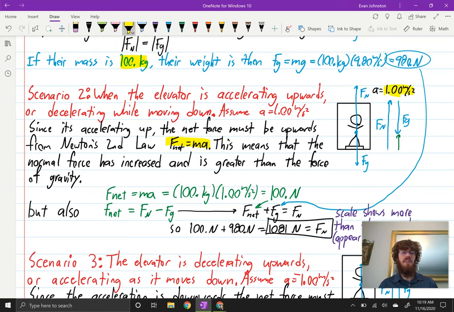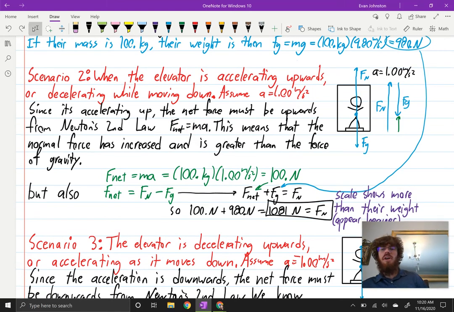So we can figure out what the net force is. If the acceleration is 1 meter per second squared and their mass is 100 kilograms, that means the net force is just 100 newtons. Kind of easy, hopefully pretty straightforward. All right, we can find the net force, poof.